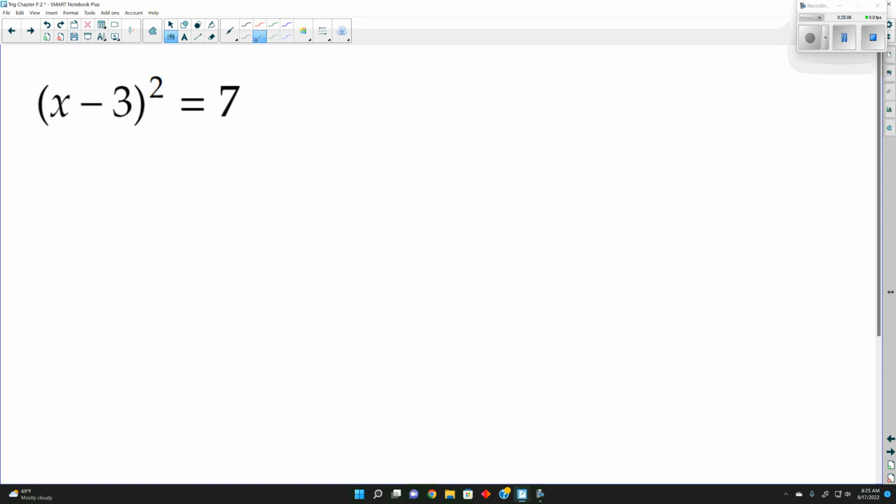Interestingly enough, this here is another kind of square root method model, because we could use the quadratic formula, but to use it, we would have to multiply x minus 3 by itself, and then move the 7 over and get everything in the form of ax squared plus bx plus c is equal to 0 to be able to use it.